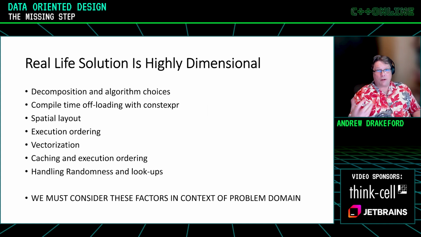We have algorithmic choices, we have different decompositions, we have the choice about whether or not to offload stuff at compile time. We have the spatial layout of the data, the execution ordering, how we're going to vectorize or not vectorize. Can we cache? How are we going to cache? How are we going to order the caching? How on earth are we going to do random accesses without going to the outer wilderness of memory? How are we going to do lookups?